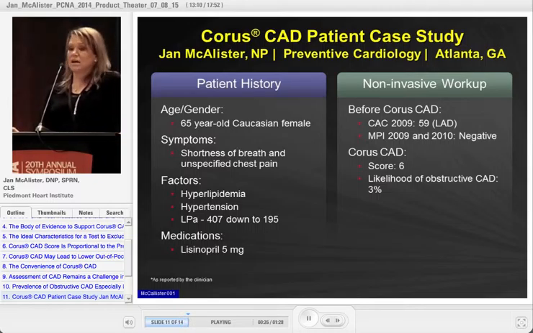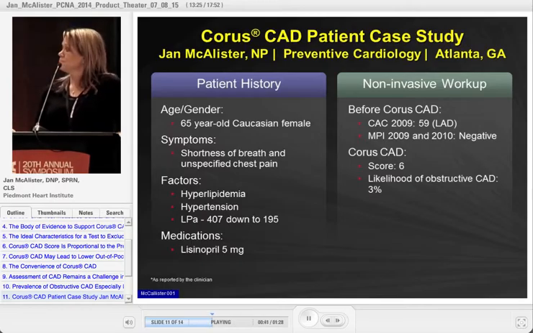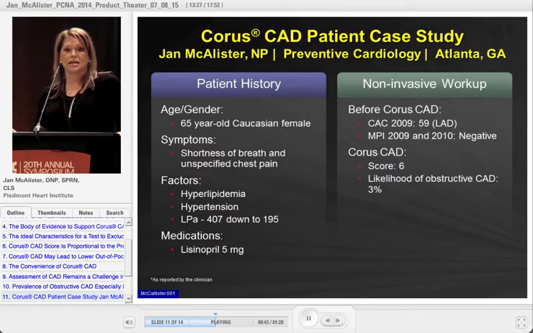She has hyperlipidemia, high blood pressure. She has a genetic marker, the Lp(a), which we had gotten down from 407 to 195. She's only taken lisinopril, and we had started her on a cholesterol medicine.